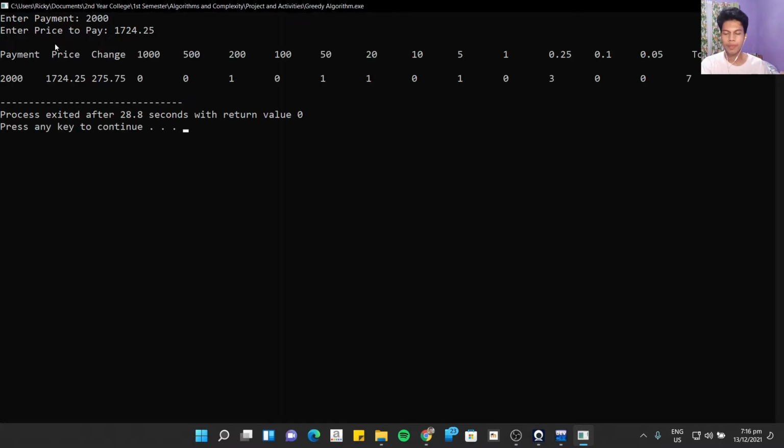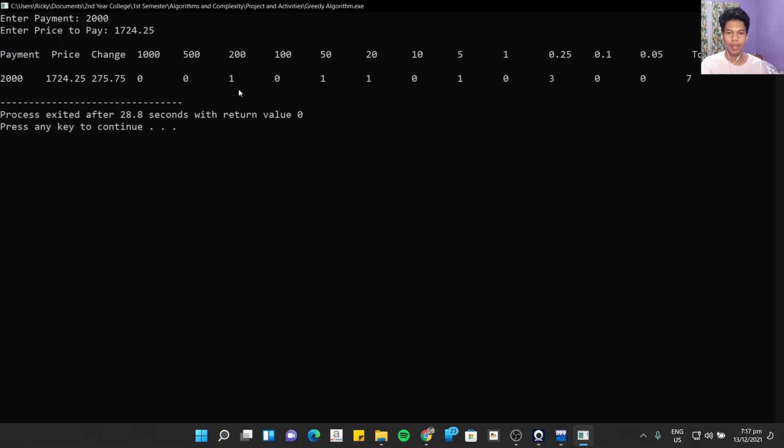The program will display the payment, which is 2,000 pesos, the price, which is the total price or the net pay of the items he bought, and then the change for the transaction. And as you can see, the program will show the proper denominations to give as the change to that customer.